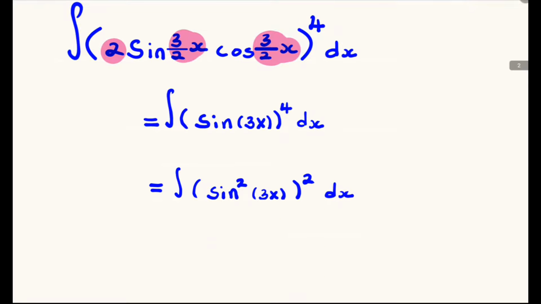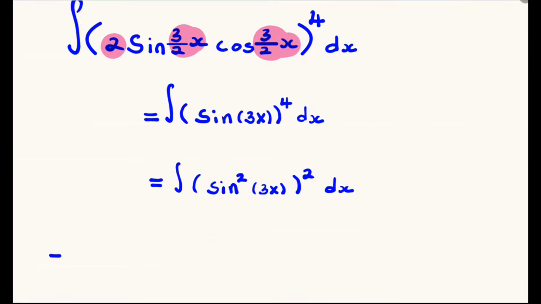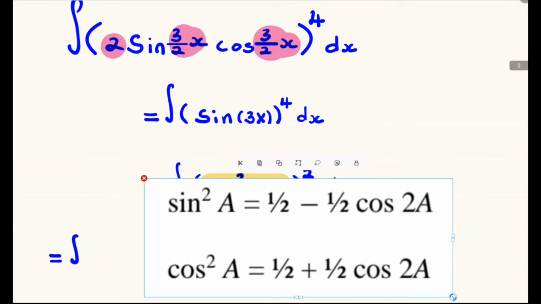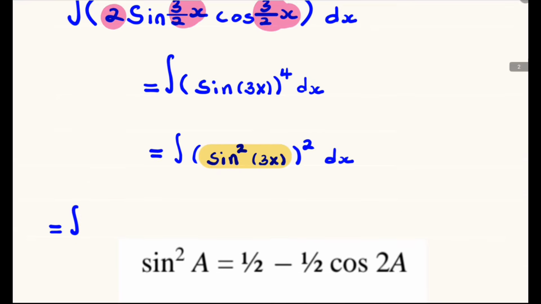We use our formula sheet once again, and this will be equal the integral. So for that sine squared 3x, we use our formula sheet, and we are going to use the one which has sine squared. So that one is equal to the half minus half cos 2a.